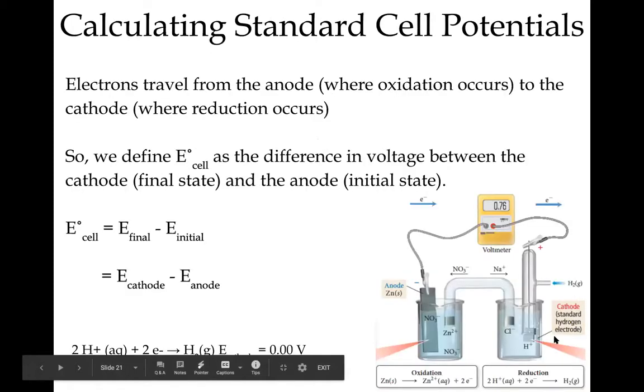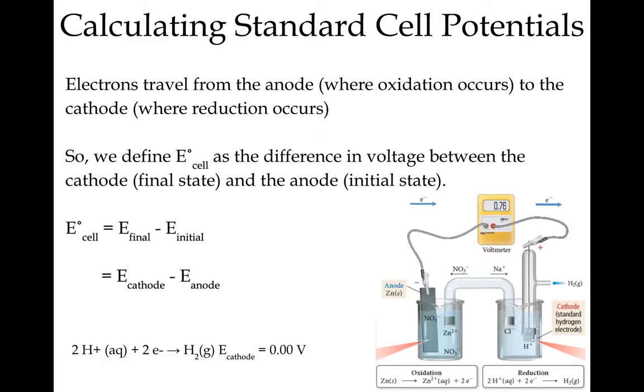Now, how do we calculate standard cell potentials? Again, as I said, electrons travel from the anode, and the anode is where oxidation is happening, to the cathode, and that is where reduction is happening, okay? So we define the standard cell potential as the difference in voltage between the cathode, or the final state, that's where the electrons end up, and the anode, or the initial state, where the electrons are being released, okay?